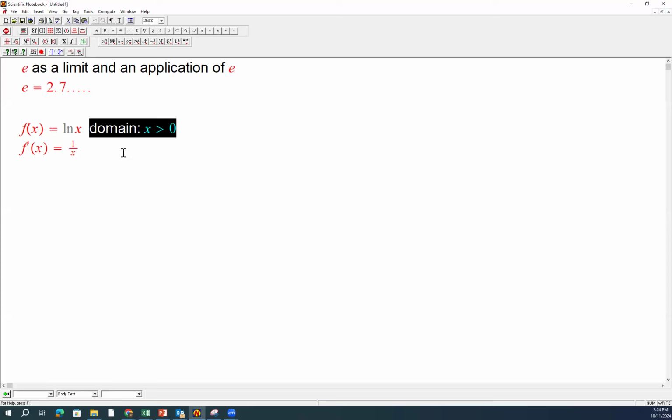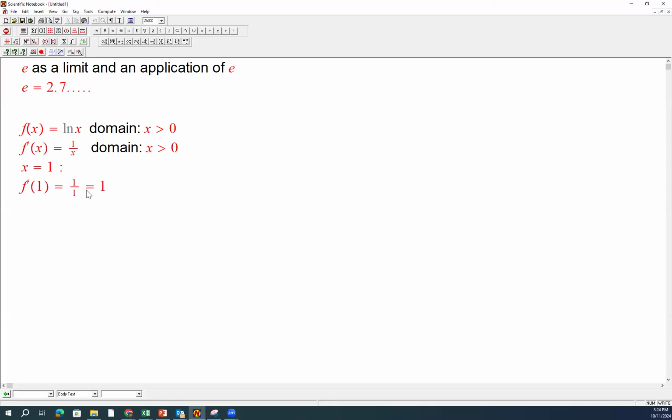From here, if we do a simple substitution and choose x equals 1, we find that the derivative at this point is equal to 1 as well.